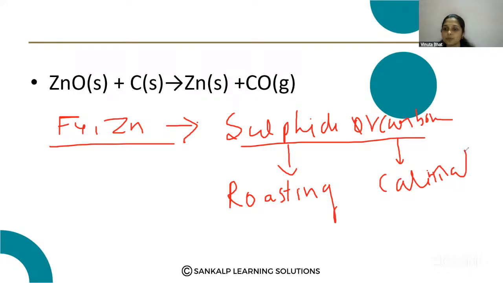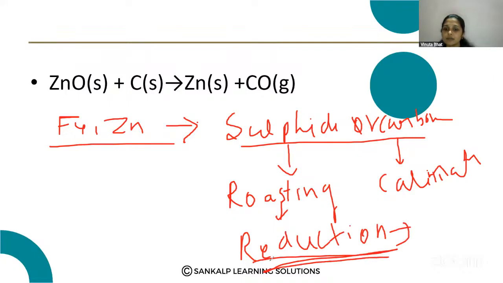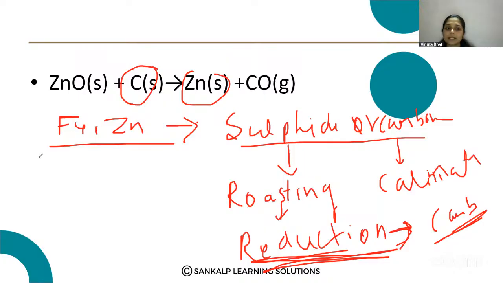Next, the obtained oxide form of the metal undergoes reduction by using reducing agents, that is carbon. Any reducing agent you can use. Here carbon is used, so we can obtain the metallic zinc. I hope this step is clear.